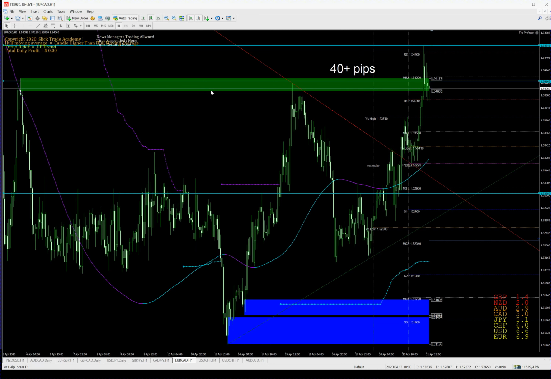We'll see if this supply zone holds, this green zone here. If it does, then we could see continuation. So far, we have, on the hourly time frame, a pretty heavy correction here.